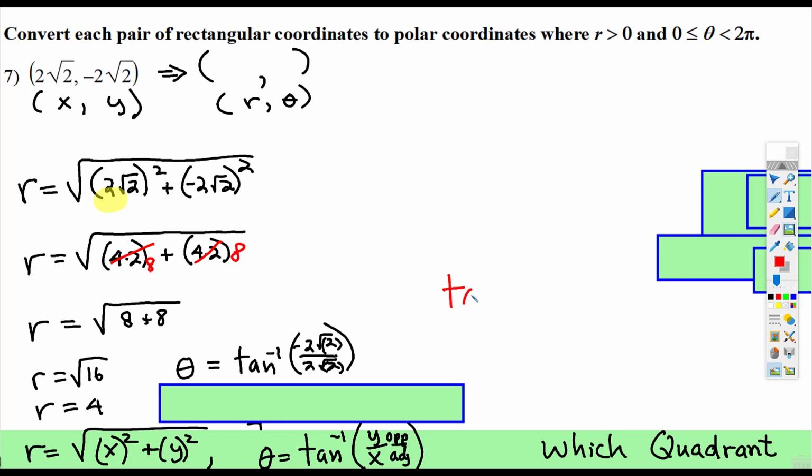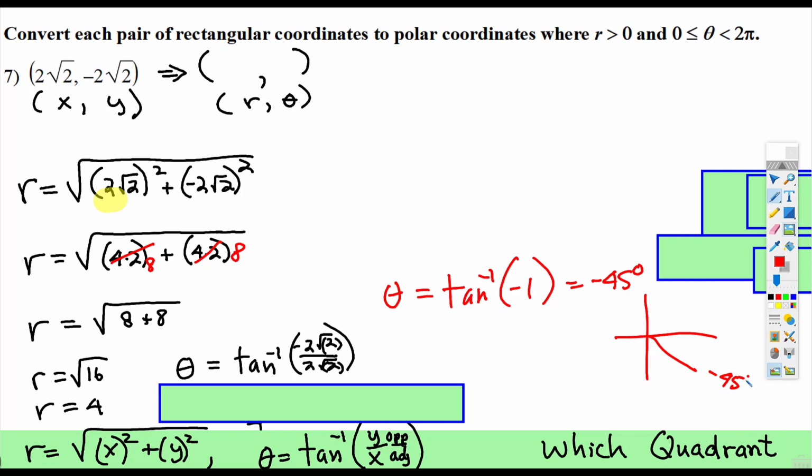So we have inverse tangent of negative 1. When you plug that in, you're going to get negative 45 degrees. And negative 45 degrees, if you look on your unit circle, that's the same as 7 pi fourths, or 315 degrees. So I'm going to put it in radians.